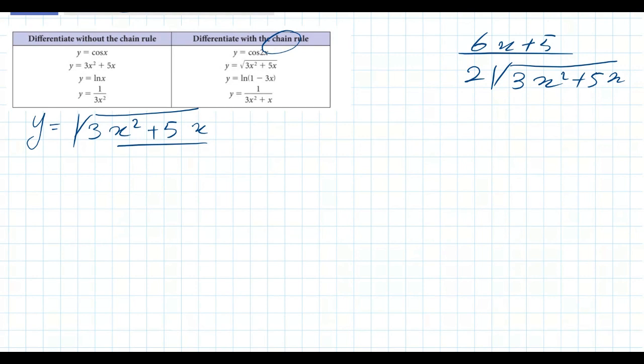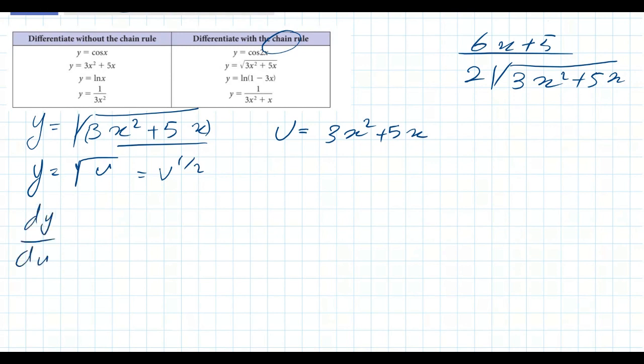U in this scenario equals what's inside the root, which is 3x squared plus 5x. This is the u. And y becomes root u. Till now, is it clear? Then y equals u power half, and then you're gonna find dy over du with respect to u.